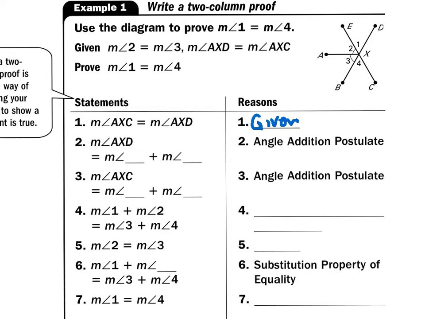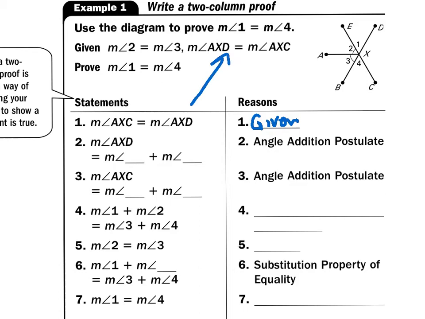And why can we say that? Because we have the little lines. No, we don't, do we? AXC equals AXD. We have that because it's up here in our statements.